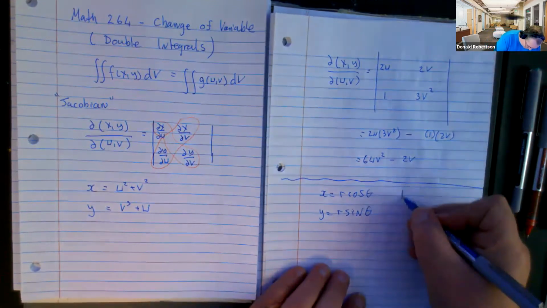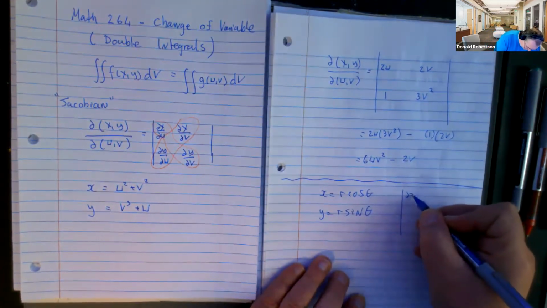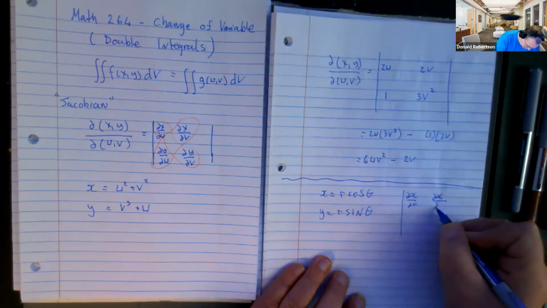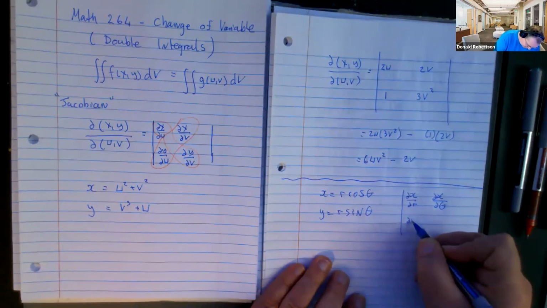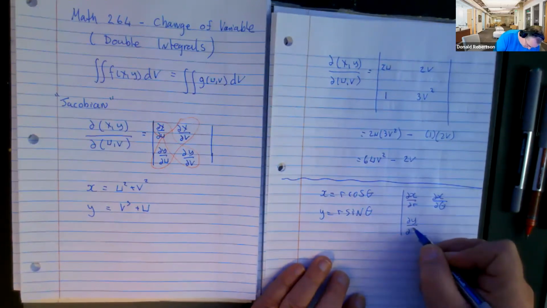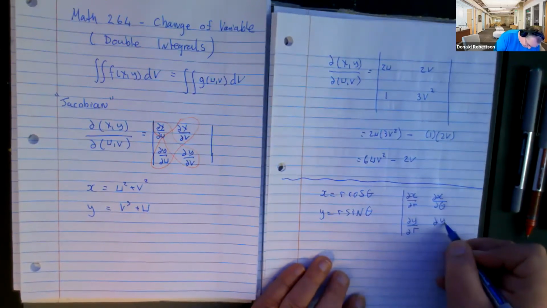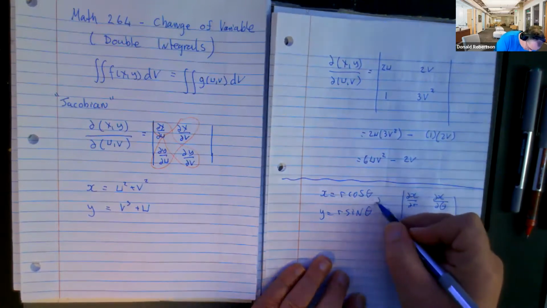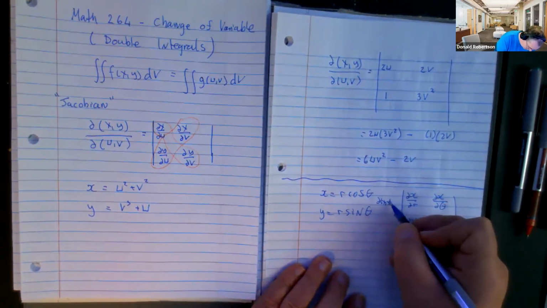So you're going to do the derivative of x with respect to r, the derivative of x with respect to theta, the derivative of y with respect to r, and the derivative of y with respect to theta. Right? So that's going to be our Jacobian.